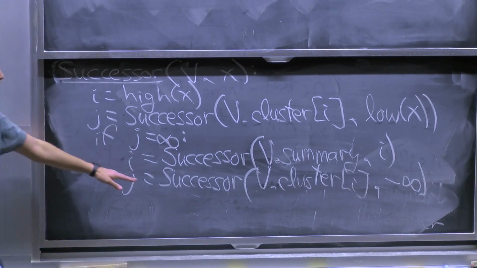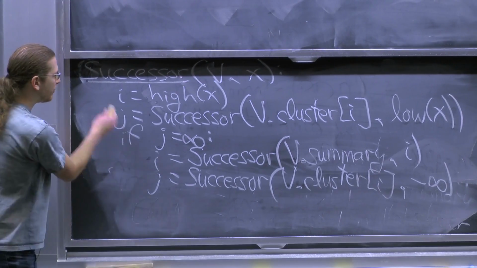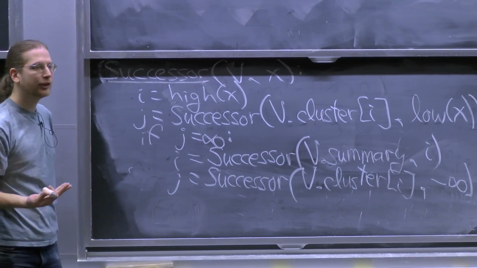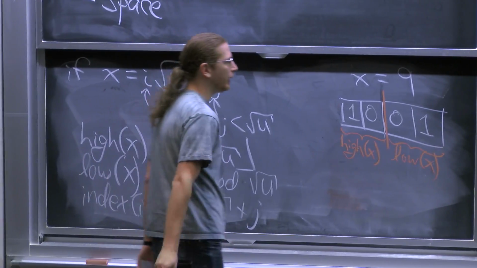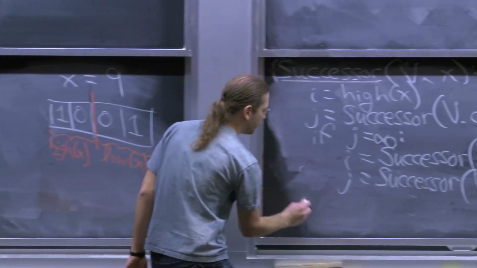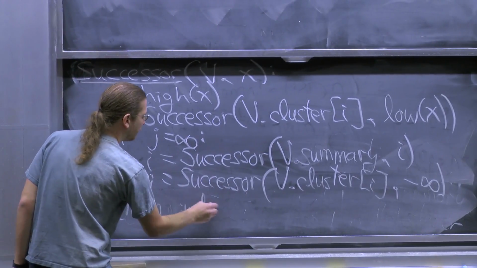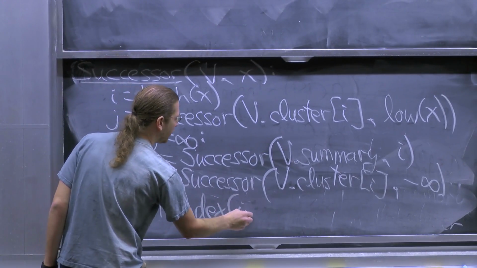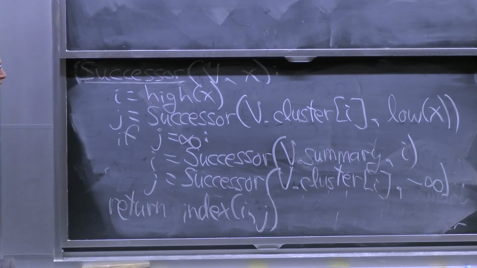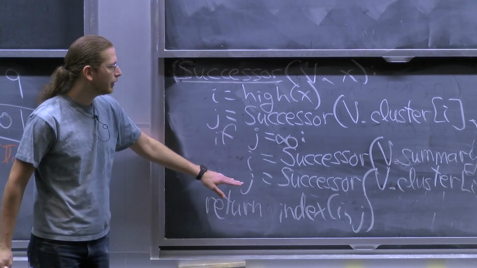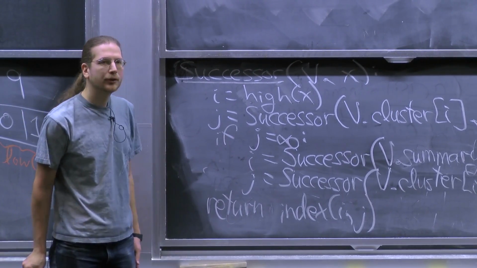So this will find the smallest item in the cluster. And then in both cases, we get i and j, which together in this form describe the value x that we care about. So I'm just going to say return index of i, j. That's how we reconstruct an item name for the structure V. We knew which substructure it's in, and we knew its name within the substructure, within the cluster.